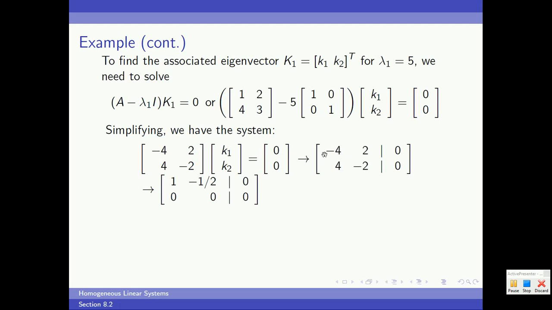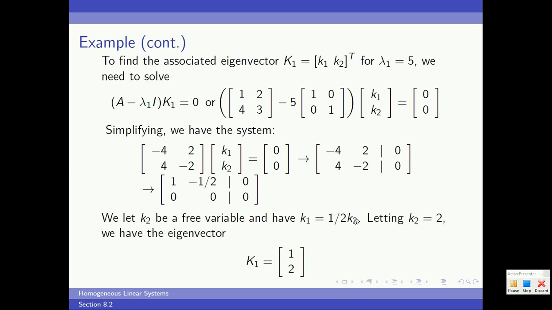And then here, I just went ahead and simplified this top one, divided by negative 4. So that gave me a 1, negative 1/2. This is 0. So we see that K2 is a free variable. And if we look at this, we have K1 minus 1/2 K2 is equal to 0. So K1 has to be equal to 1/2 K2.